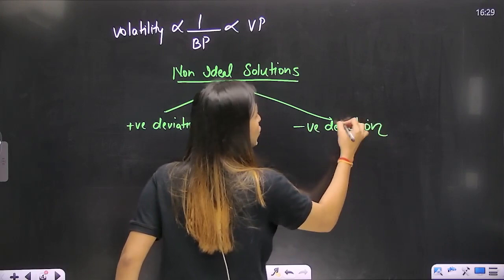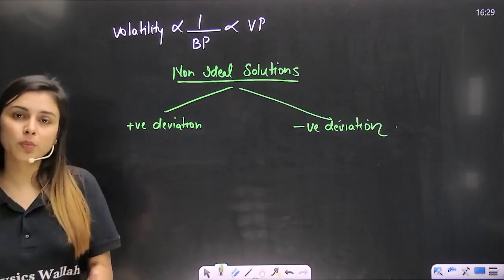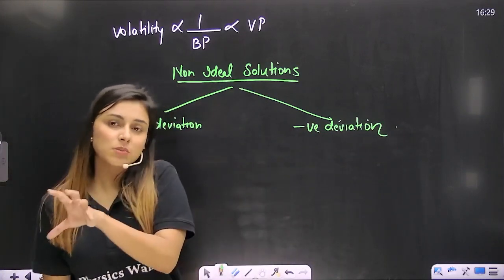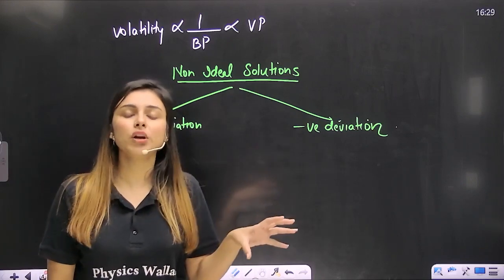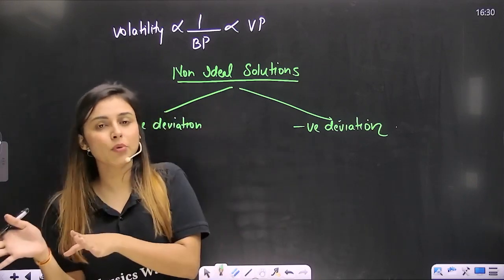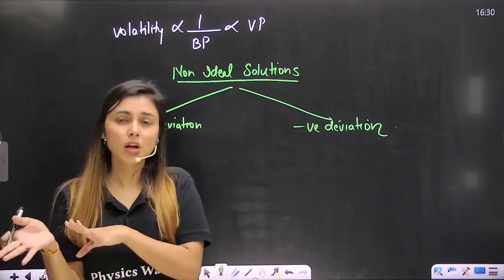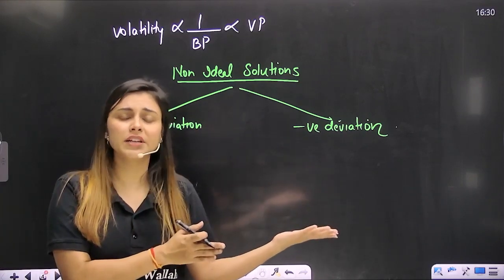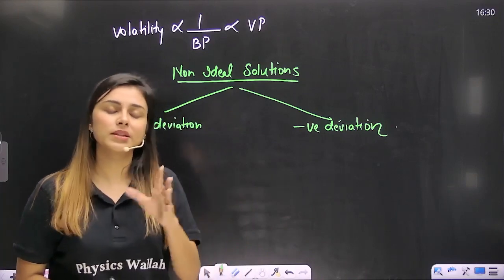Now, I want to make you understand that the maximum boiling azeotrope and the minimum boiling azeotrope have a particular classification. Either they are positively deviated non-ideal solutions or they are negatively deviated non-ideal solutions. Now we are going to understand that concept.